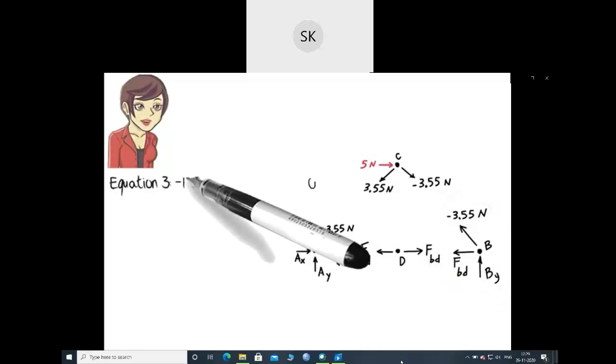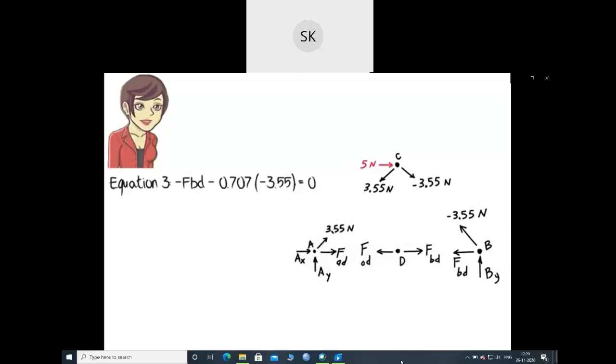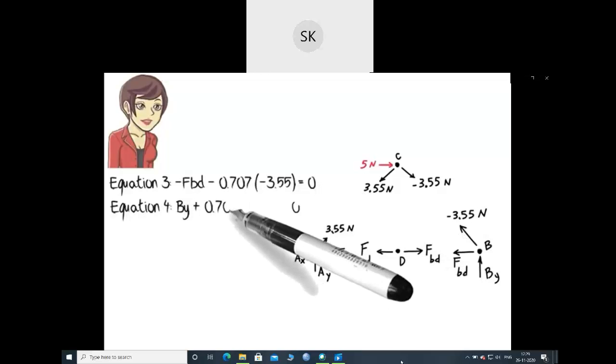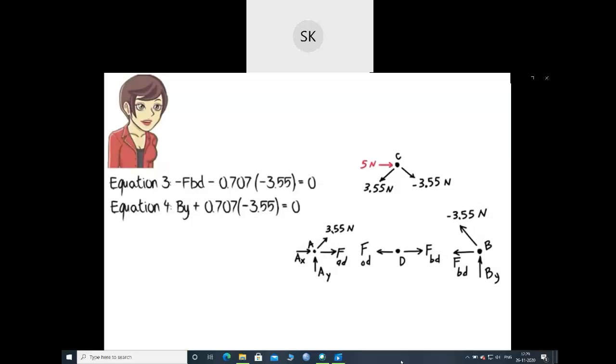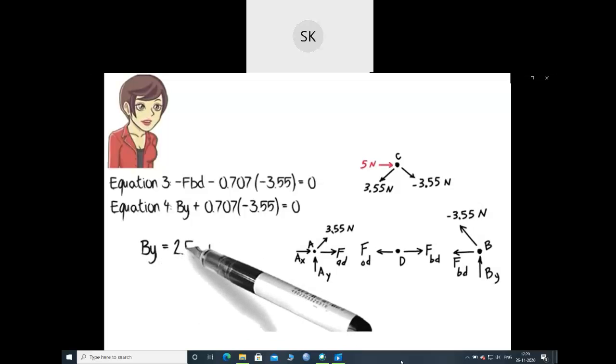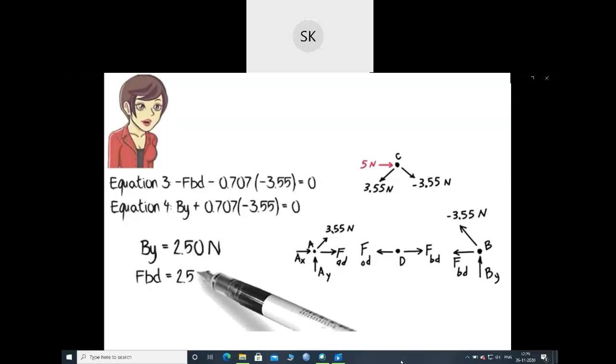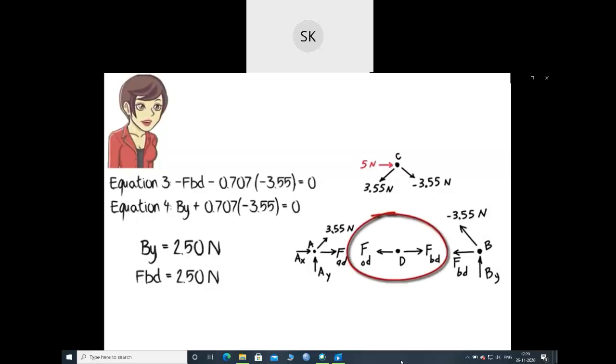The equations are, solving them for the unknowns I get BY equals 2.5 newtons. FBD equals 2.5 newtons. If we now examine joint D, we can clearly see that FAD is also equal to 2.5 newtons.